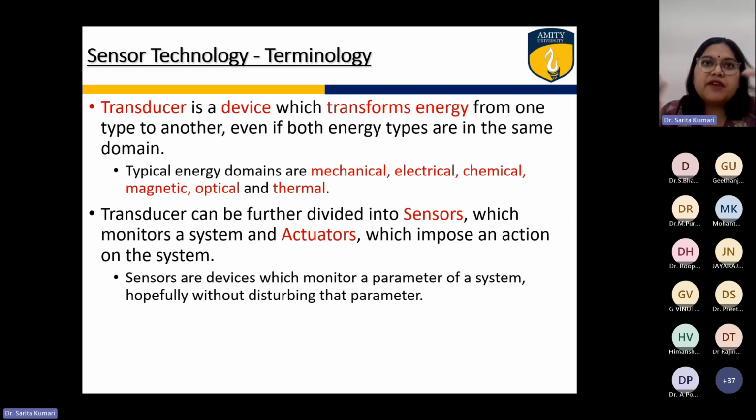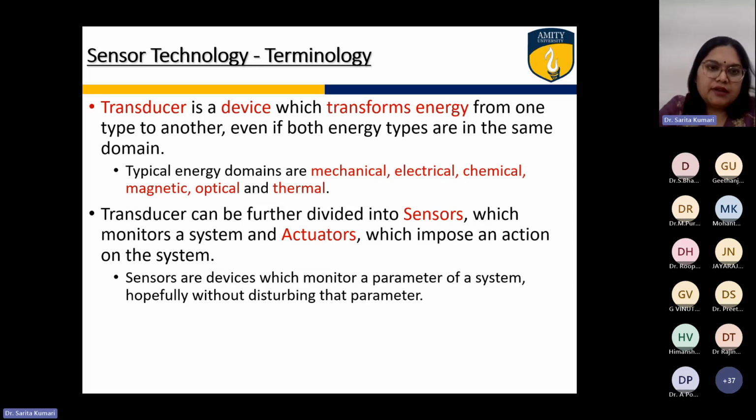There, if pressure or force is applied on one side of the piezoelectric crystal, due to its deformation in shape, an electrical voltage will be generated at the two sides of the crystal. That is where we are placing the electrodes. So these are examples of active transducers, whereas a passive transducer requires an external power supply for its application.